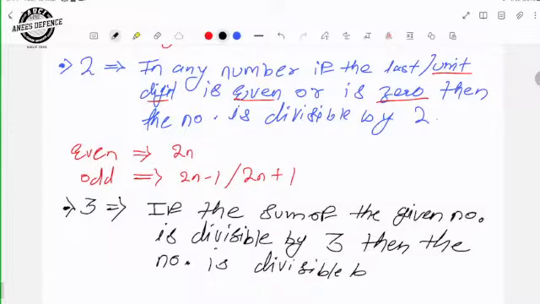What is the important point? Sum of the digits. The sum should be divisible by 3. We'll take an example.